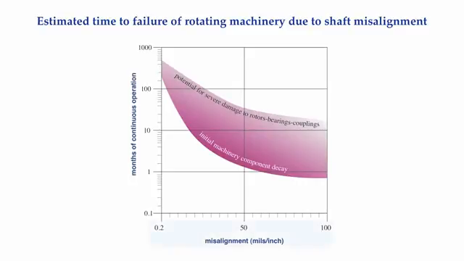The x-axis shows the amount of misalignment in mils per inch, going from 0.2 of a mil per inch to 100 mils per inch. The y-axis shows the months of continuous runtime on a logarithmic scale.